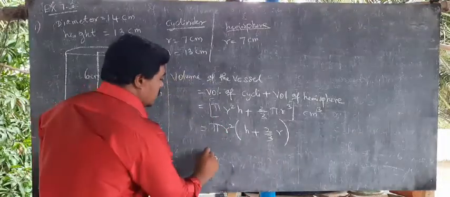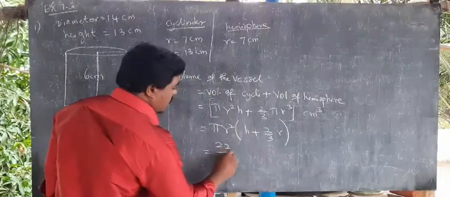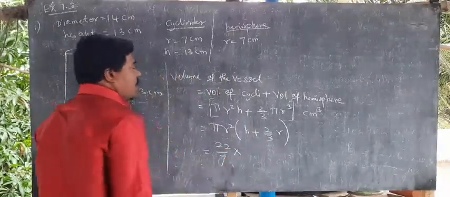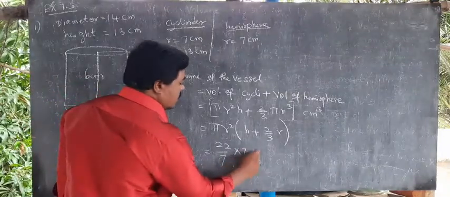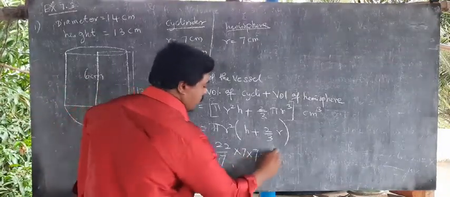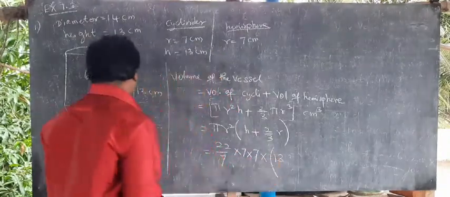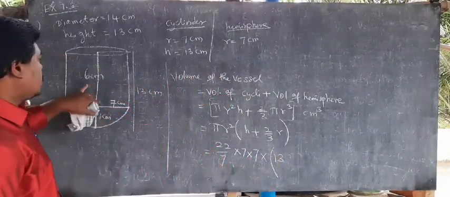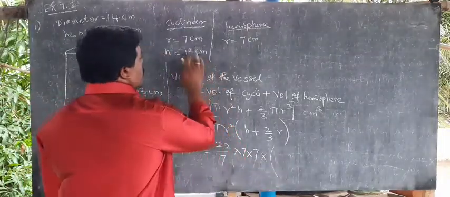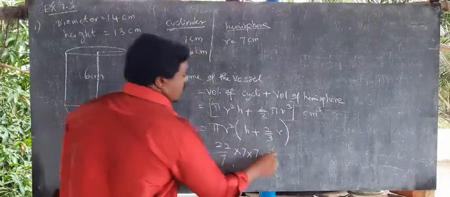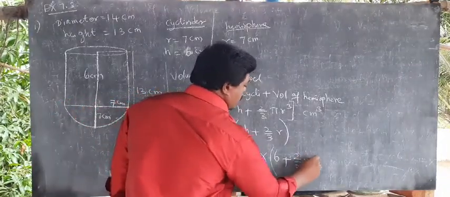Now this equals 22 by 7 into r square, that is 7 into 7, into h. H equal to 13? No, h equal to 6 only. Six plus 2 by 3 into 7.